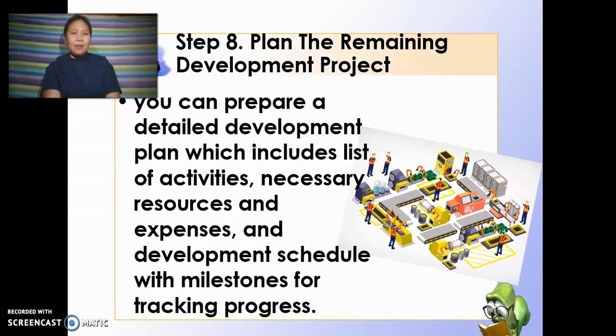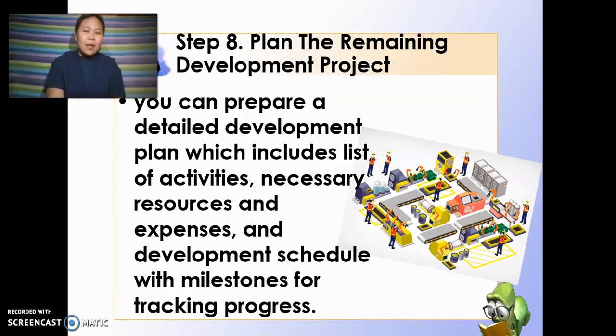Then step 8, plan the remaining development project. The last step in our product development process is to prepare a detailed development plan which includes a list of activities, necessary resources and expenses, and a development schedule with milestones for tracking progress.